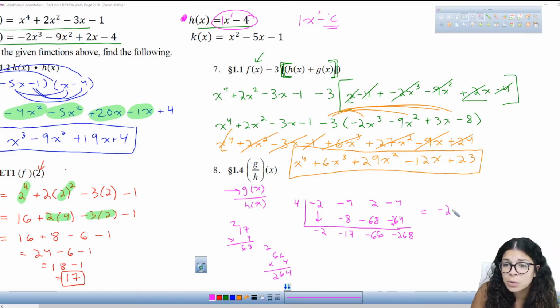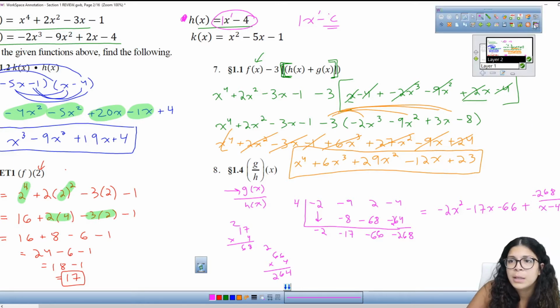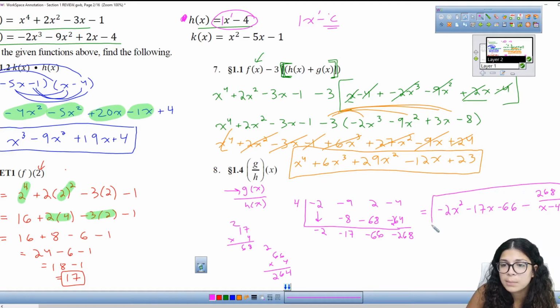So this is negative 2x to the power of 2 minus 17x minus 66. And then minus 268 over the original divisor, which is x minus 4. Or you could also write it as plus a negative, right? So remember, you could always distribute that negative if you want.